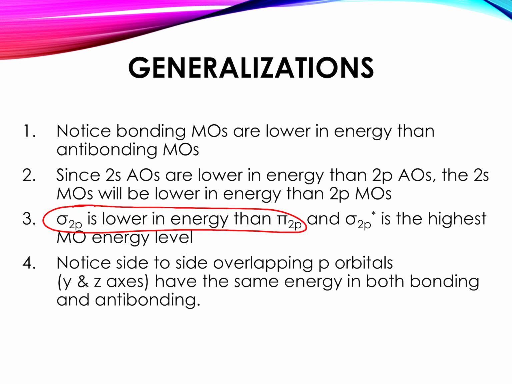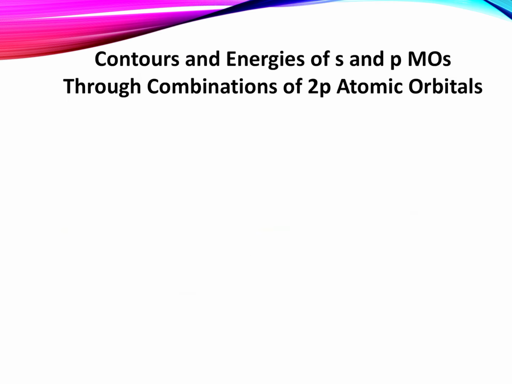This is usually the case, but it can sometimes change. The sigma star 2p, though, is always the highest. That's a good one to remember. This one is more like a usually. You'll see soon. And then side-to-side overlapping p orbitals have the same energy in both the bonding and anti-bonding. So we're going to get to that soon as well.